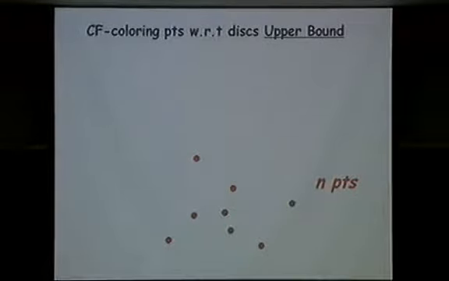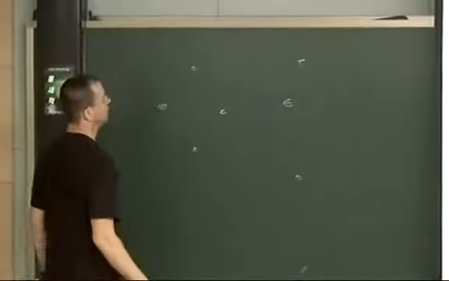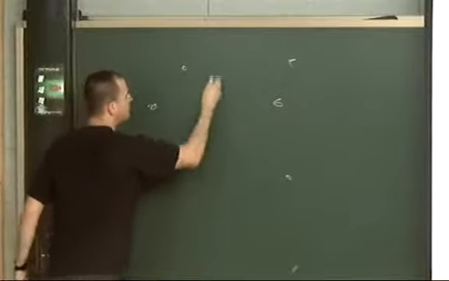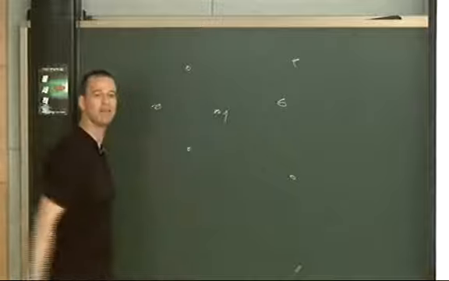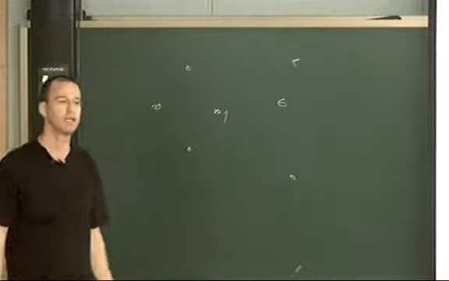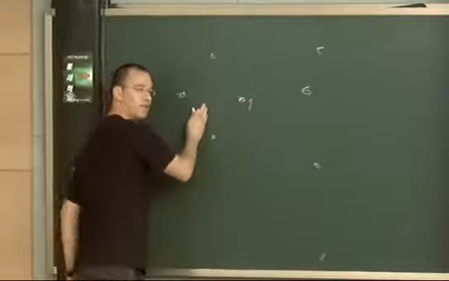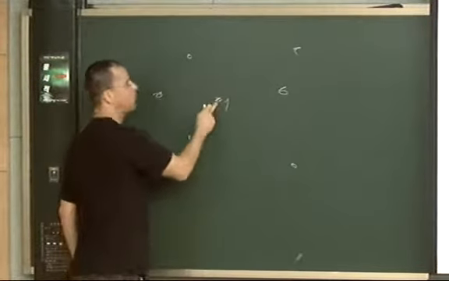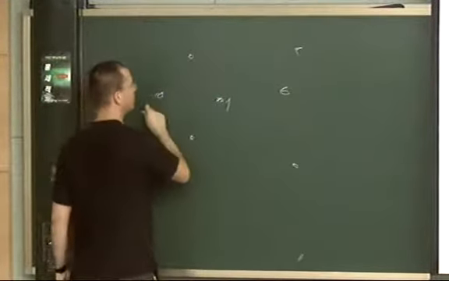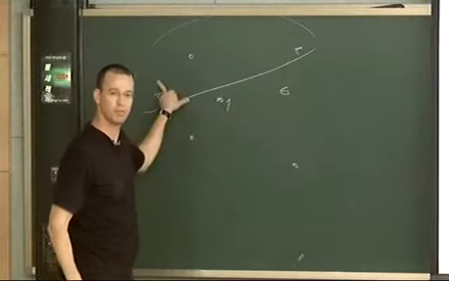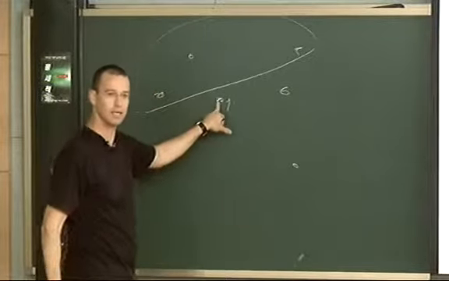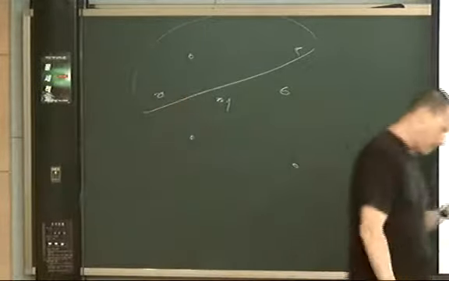If you take a set of points, project them on the line, choose the median point and color it with 1 and try to recurse on the right and left sides, it is not true anymore that if you have a disk containing points to the left of 1 and points to the right, then it will also contain this point. This disk, for example, can contain points both from the left and right, but not 1. So you need to do a different trick, and here is the trick.